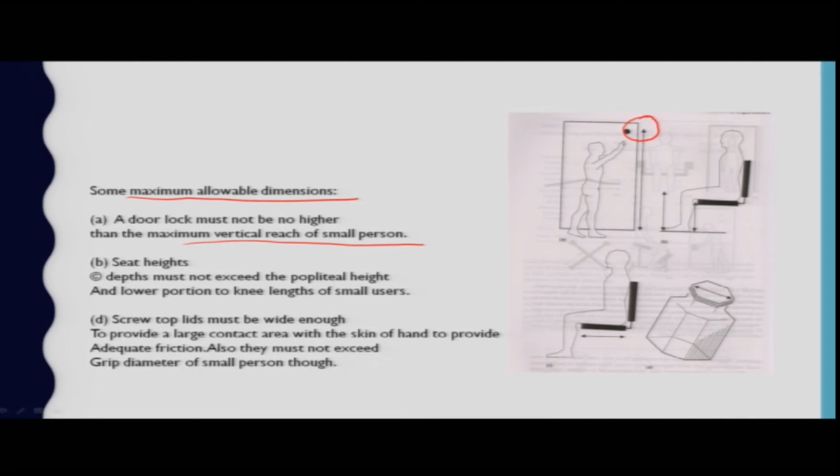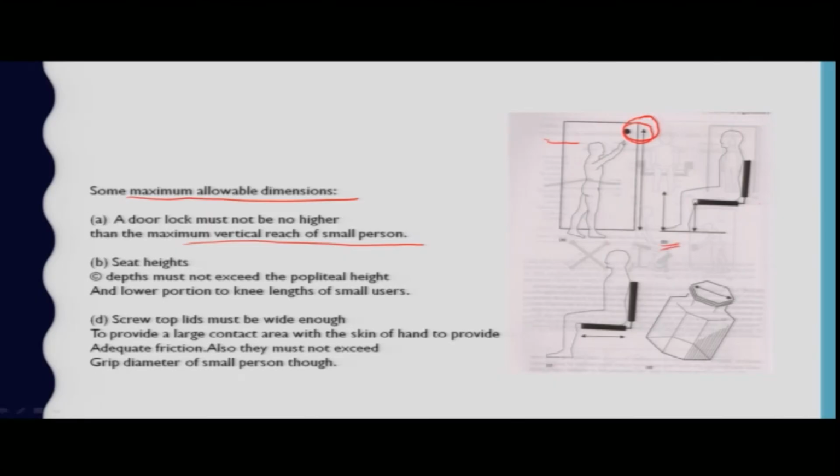Think of a small person and their vertical height: the lock should be attached at a height that even the smallest person can reach. That is the maximum allowable dimension you have to give to the door lock.